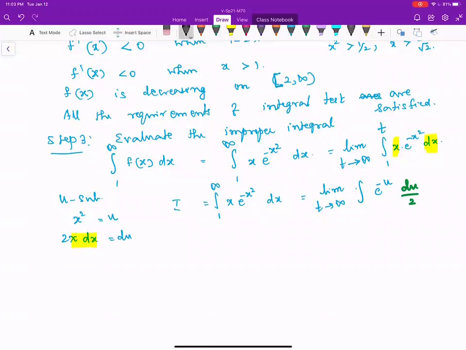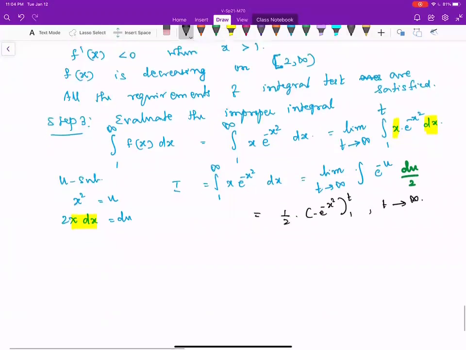If you integrate this, it becomes 1 half times negative e to the negative u, that is negative x square, between 1 and t, as t approaches infinity. So it can be written as negative 1 half times e to the negative t square minus e to the negative 1.